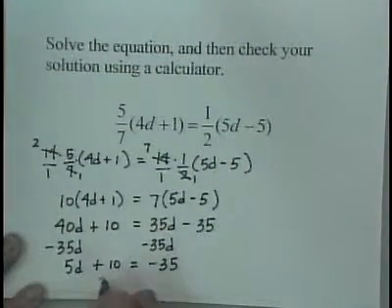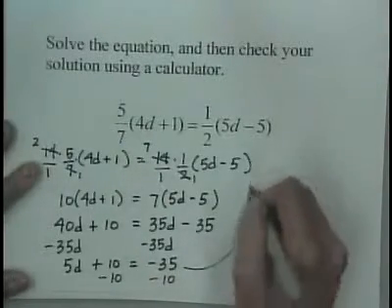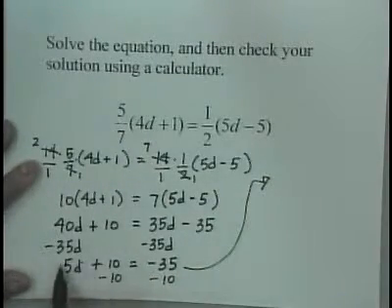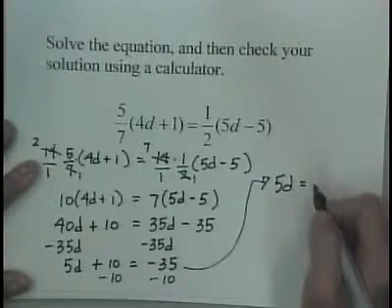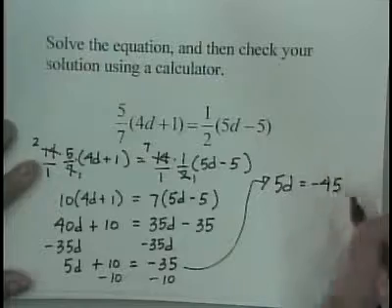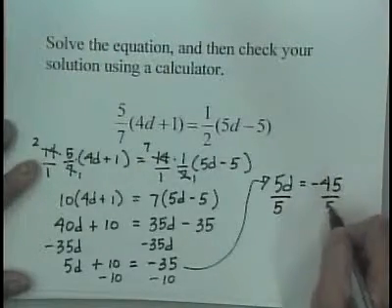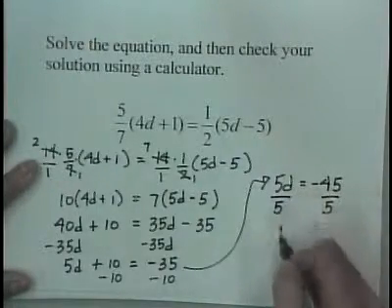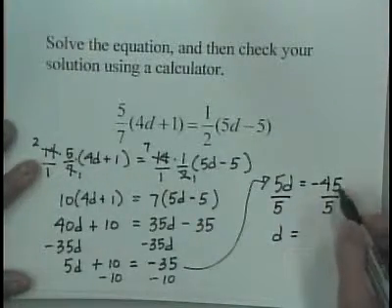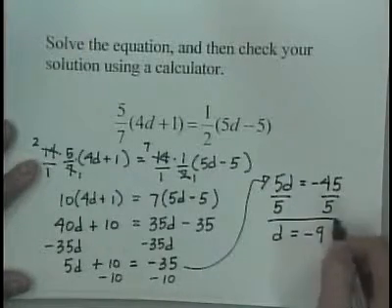Now the next thing I want to do is subtract 10 from each side of the equation, which will leave me 5d on the left and negative 45 on the right. Finally, I'll divide by 5 to get d, 1d, equals negative 45 divided by 5, which is negative 9.